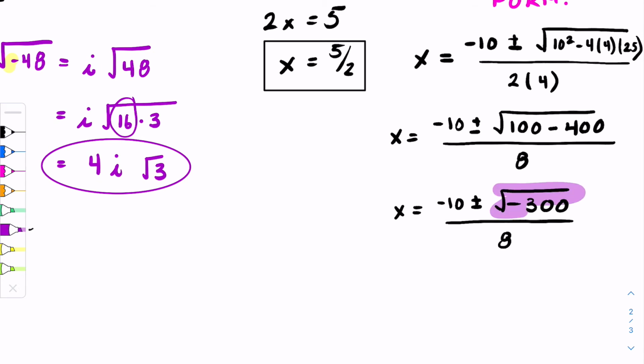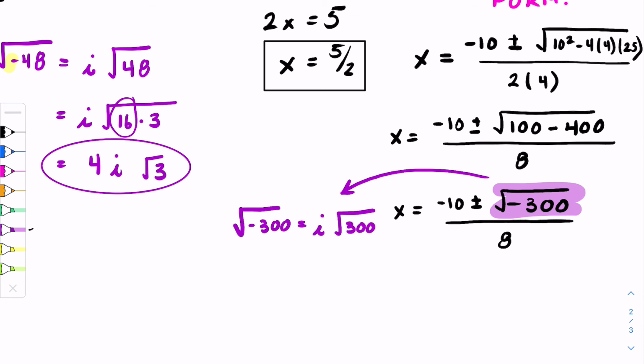I can simplify the square root of negative 300. It does not simplify to a perfect square, but we do have some factors that we can use to write this in a simpler form. So the square root of negative 300 has a negative sign, so I'm going to start by taking out my imaginary number of i times the square root of 300. 300 is not a perfect square, but it has a square factor of 100.